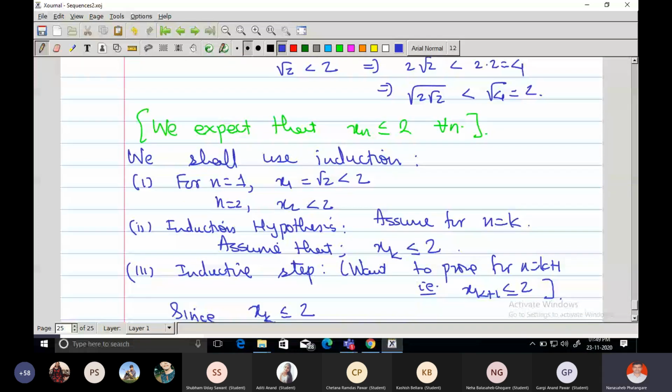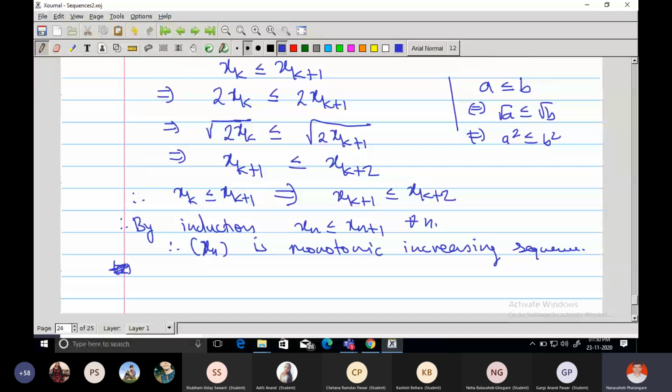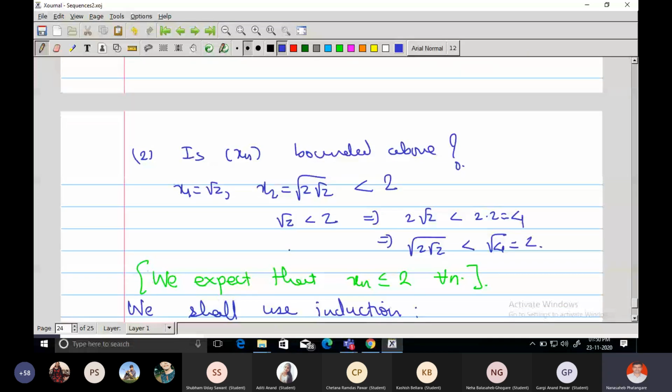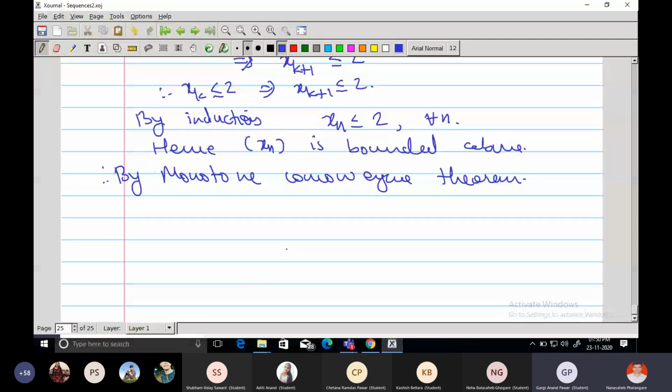What are the properties of this particular sequence? xn is monotonic increasing. Moreover, it is bounded above. So what can we say about this sequence? xn is convergent. Right. So xn is definitely convergent, because the monotone convergence theorem guarantees that if it is increasing and bounded above, it is convergent.